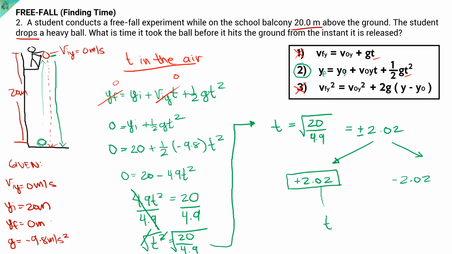So our final answer is time in the air is 2.02, which means that from the moment na binitawan ng student yung bola dito, it took just about 2.02 seconds for it to hit the ground. Any questions? None? Let's proceed.